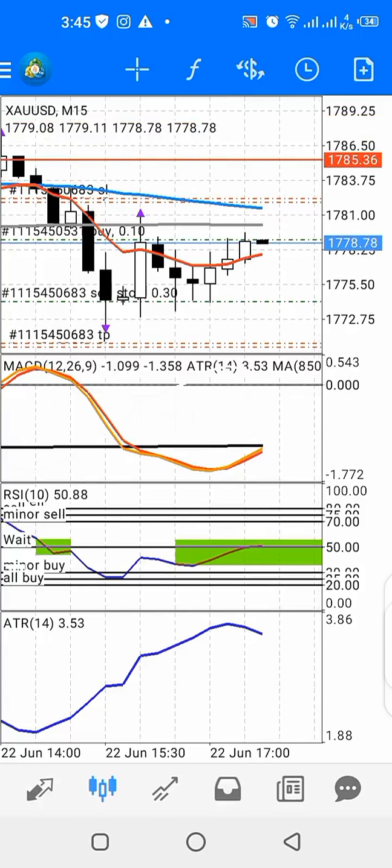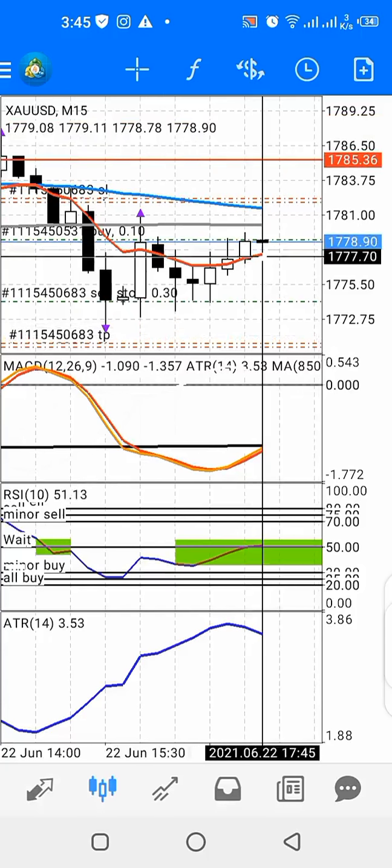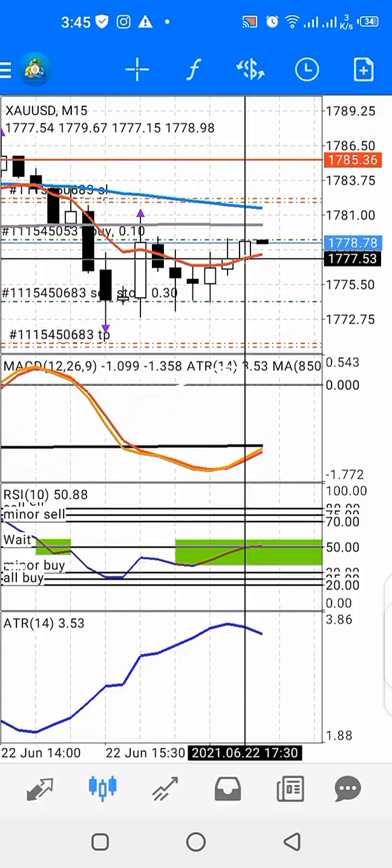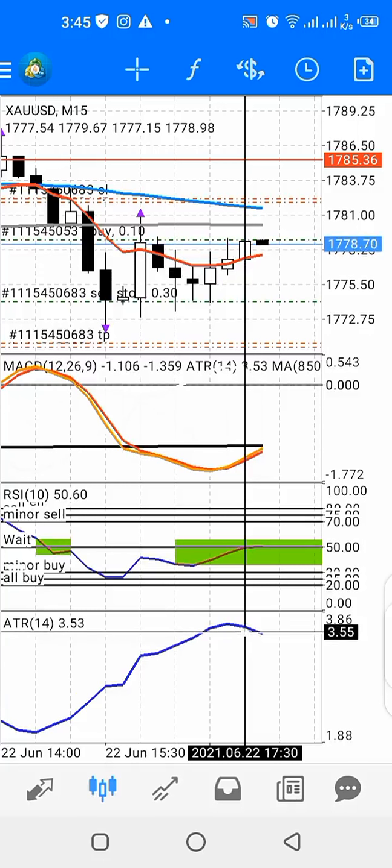Okay, and you have the open price, the high price, the low price, and the close price. Your ATR is around 3.58.